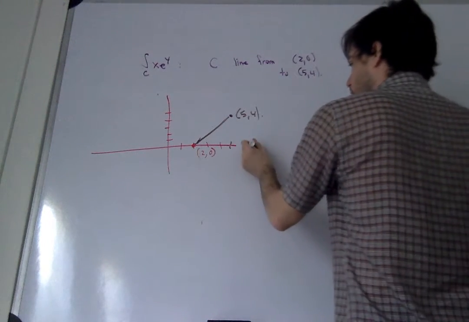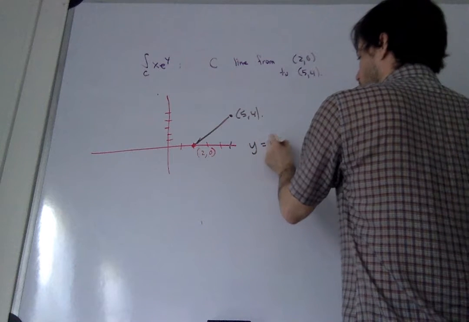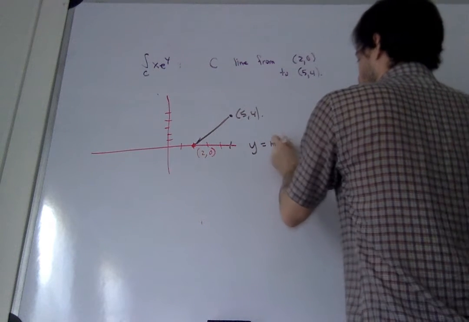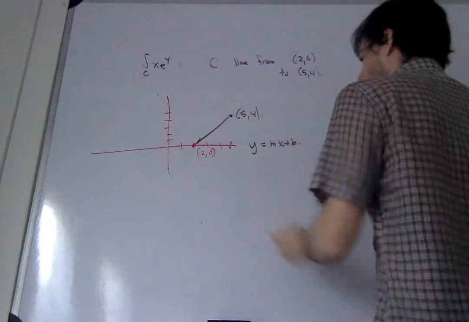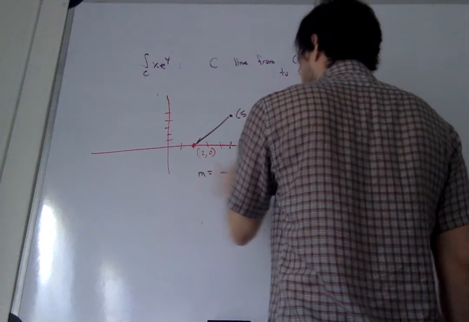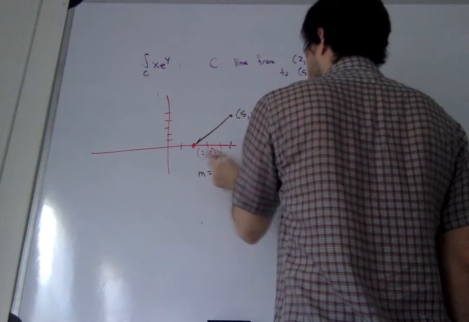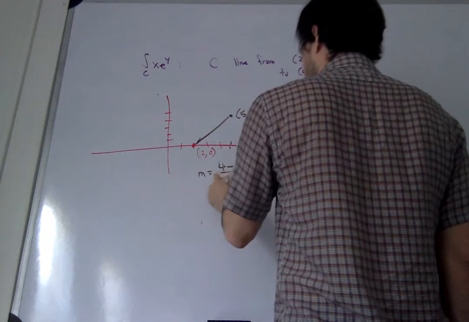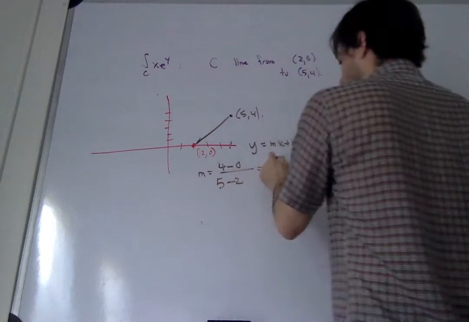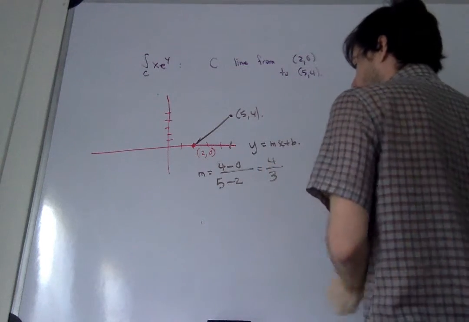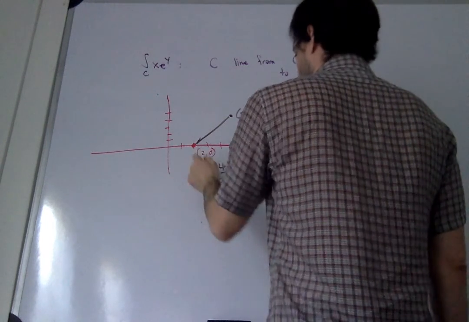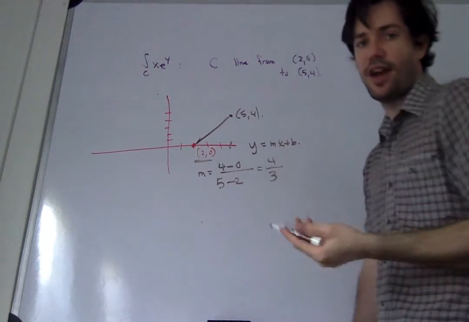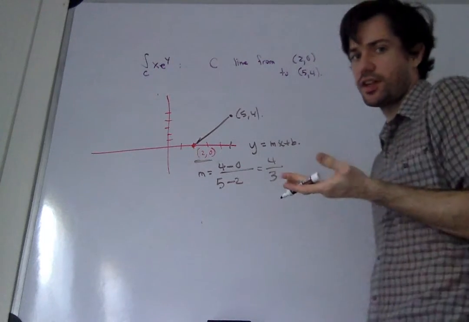So this is going to be y equals mx plus b, where m is 4 minus 0 over 5 minus 2, so this is 4 over 3. And then we can just put in some value. I like (2, 0) because 0 is nice.